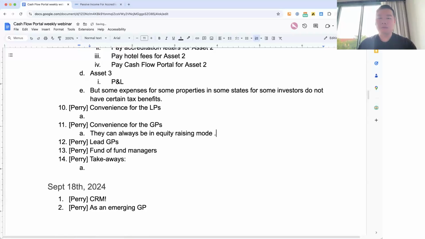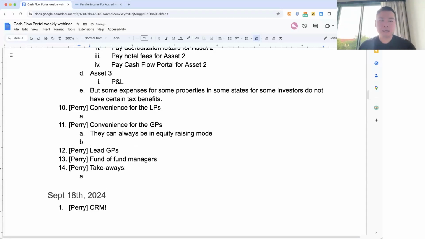So from the moment they say I want to raise for you, they can just create a disclosure form for this new asset, add that to their software, and then they're ready to go. The downside there is they do have to spend time managing the books and allocating the expenses and so on. Okay, so there's that.